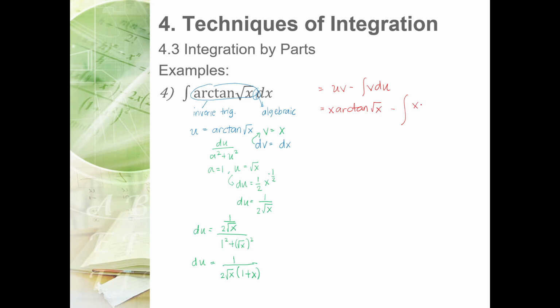So x multiplied by 1 over 2 square root of x, 1 plus x. And this would give us a simplified version of x arc tangent square root of x minus 1 half integral of x all over square root of x times 1 plus x.